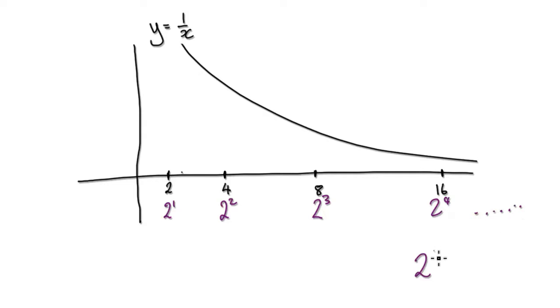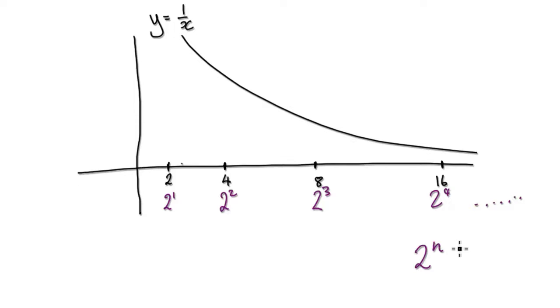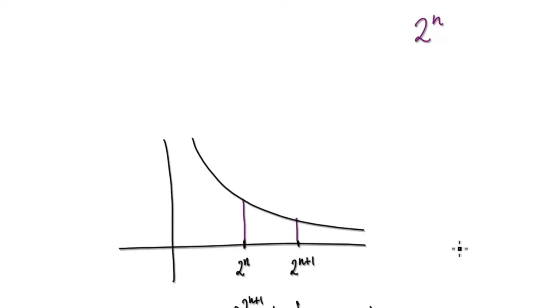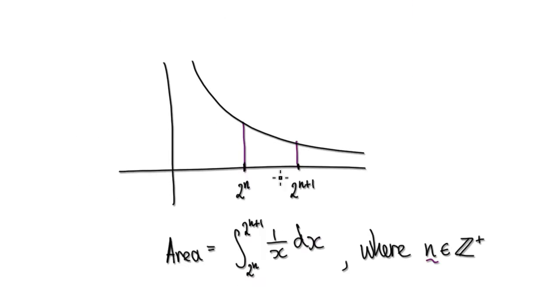It's really 2 to the power of something. So going back down here, no matter which segment you look at, 2 to the power of n, well, integrate it from 2 to the power of n to 2 to the power of n plus 1.